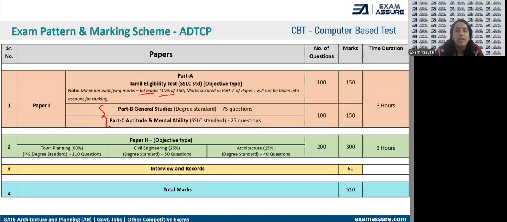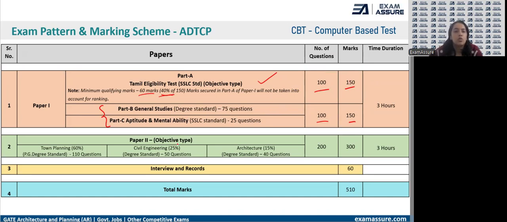So part A will have 100 questions of 150 marks. Part B and C together will have 100 questions of 150 marks each. So for the final qualification, part A would not be considered. However, to qualify, part A is important.